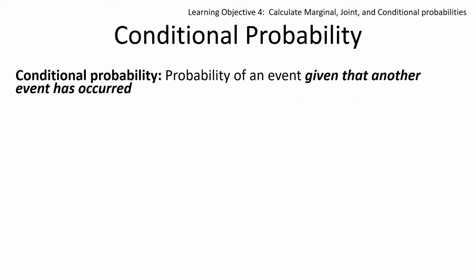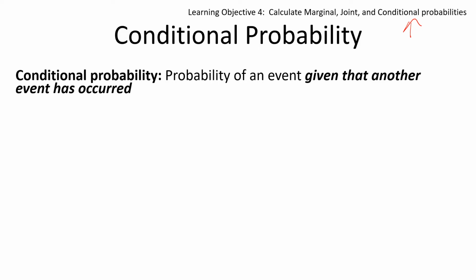Let's look at the last of these from Learning Objective 4, which is how to calculate conditional probability. Conditional probability is basically going to be the next step. So we looked at the joint probability. Well, we first looked at the marginal probabilities, which are simple. Then we looked at the joint probability, the probability of 2 events occurring together, the intersection.